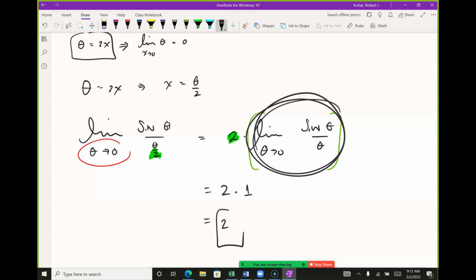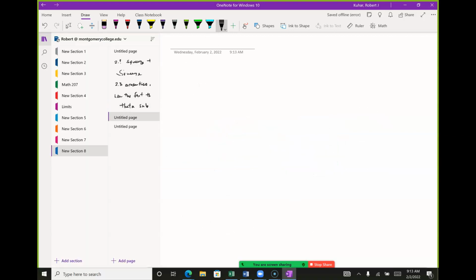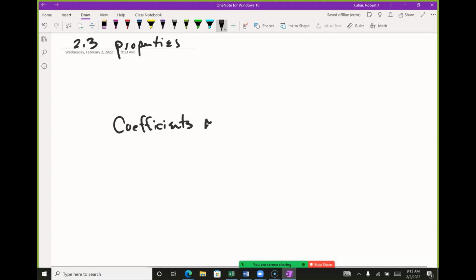So one of the things I want to say more about section 2.3 is that coefficients move in and out of limits. Coefficients move in or out of limits.